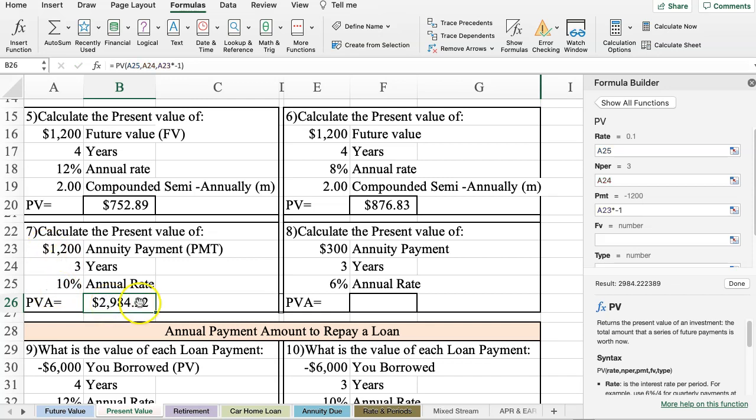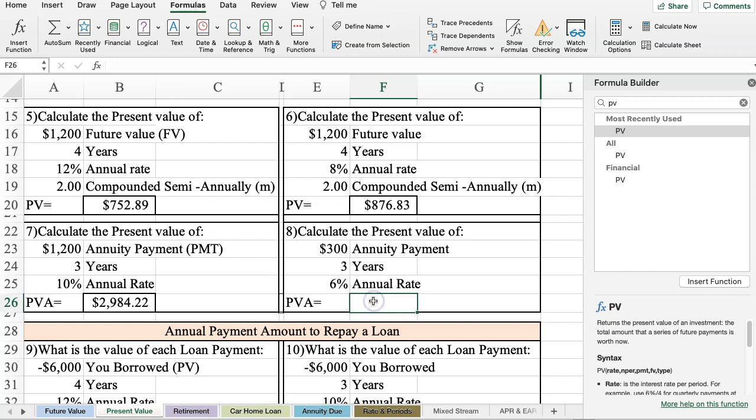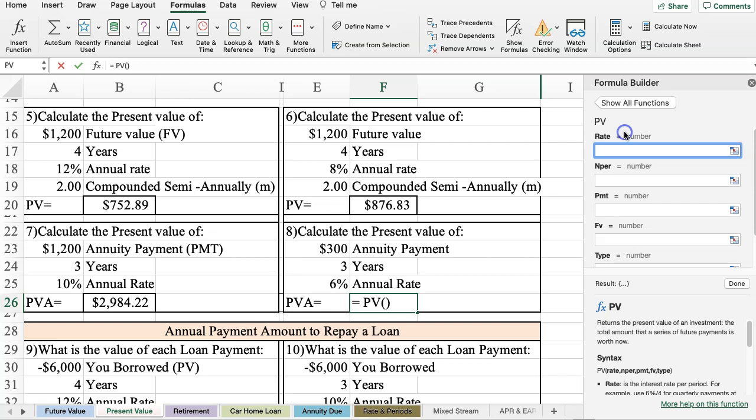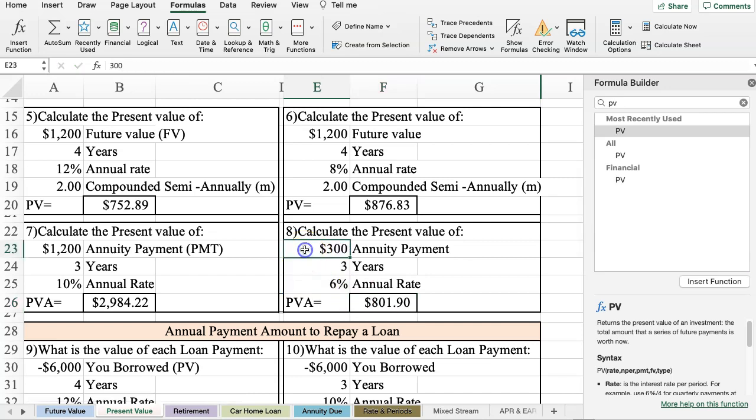Today's value is lower because of the discounting effect. I'm going to do this problem again: our rate, number of years, and then our annuity, times -1, so we get the result. Even though this would be $300 for 3 years, it's only $800 today.